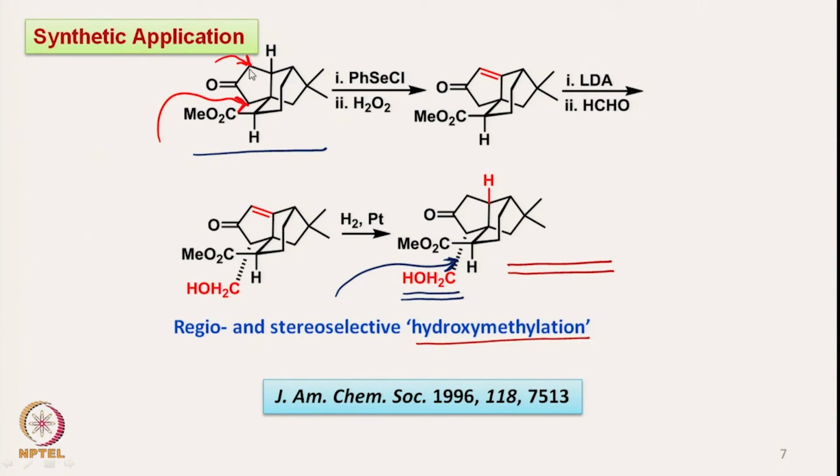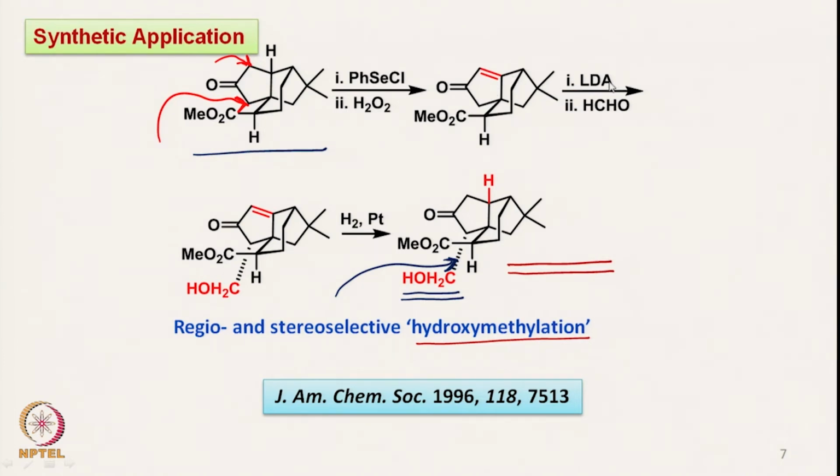So, one of the ways by which this reaction was carried out, reported in 1996 in the Journal of the American Chemical Society, is that first the selenium was introduced at this carbon, which is what is required to introduce a double bond here, and once the double bond is introduced, this side of the carbonyl group is now blocked.